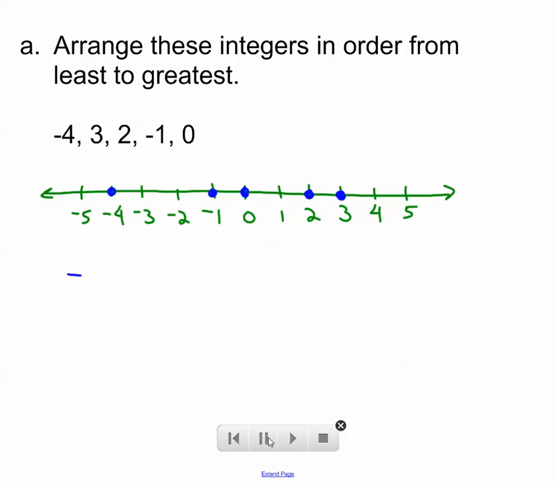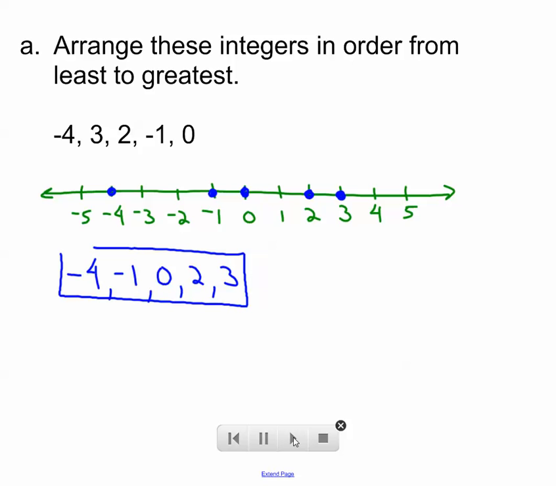Since -4 is the furthest to the left on the number line, we know it's the smallest number. The next smallest number is -1, and then 0, 2, and 3. So putting these numbers on a number line, plotting them, is a great way to order numbers.